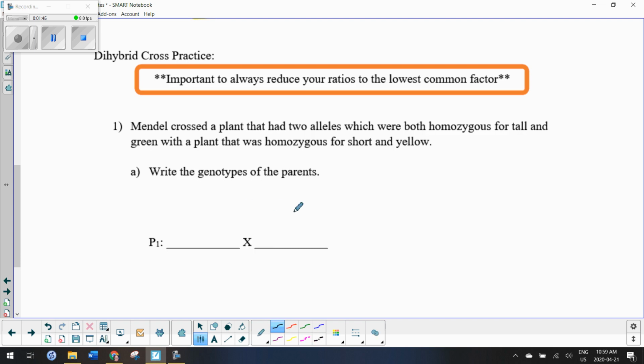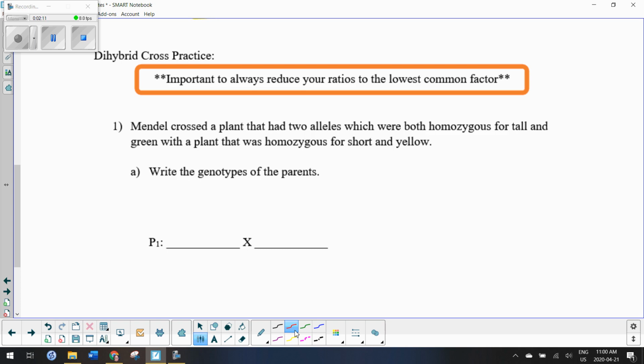So our first example, Mendel. Mendel crossed a plant that was homozygous for tall and green. If you remember back from the monohybrid video, tall was dominant and green was dominant. You can look back on the first page of these notes packages for your chart so that you can see which is dominant and which is recessive.